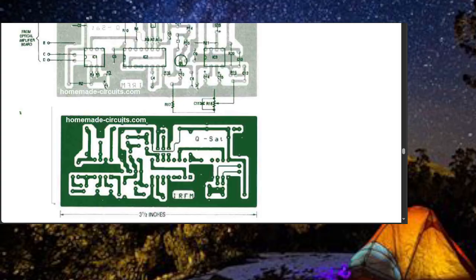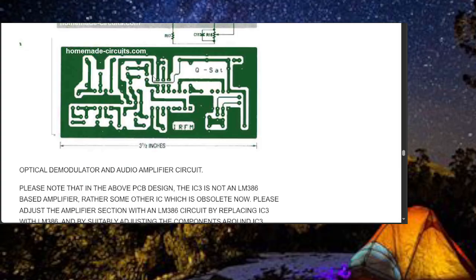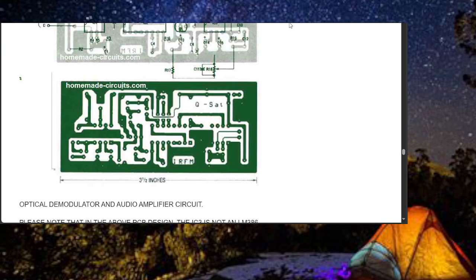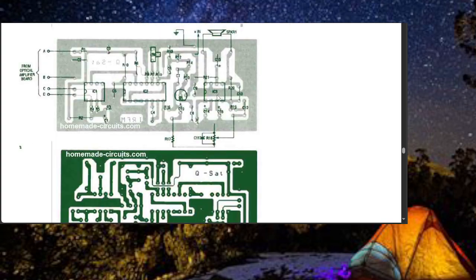Not that I would build this, but he's got some interesting stuff here. IC3 is not an LM386 based amp, but rather some other IC which is obsolete now. Please adjust the amplifier section with an LM386 circuit. Oh, they're talking about this one here, this IC3.